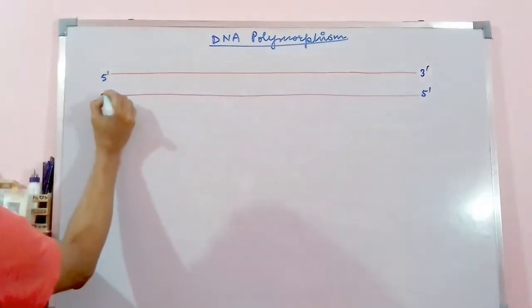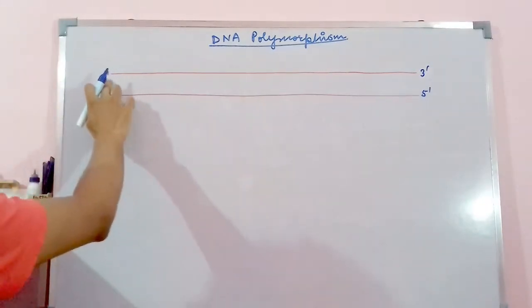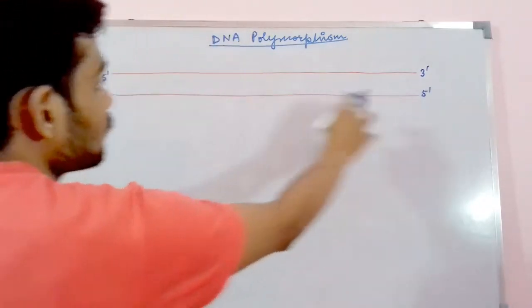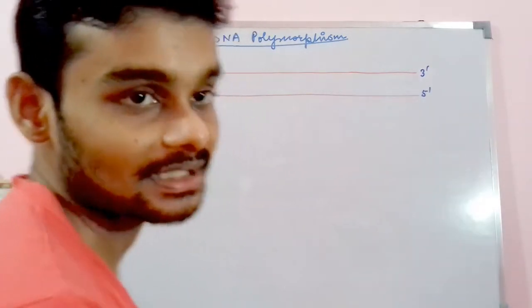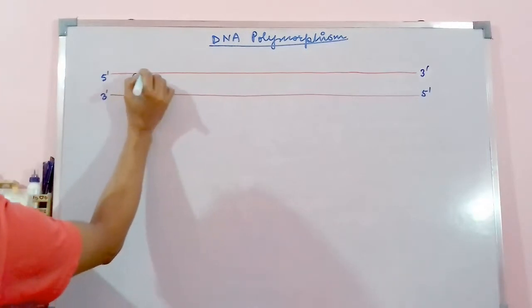This 5' to 3' is known as the sense strand, and the 3' to 5' is known as the antisense strand, the opposite of it. Now let me write a rough nucleotide sequence.